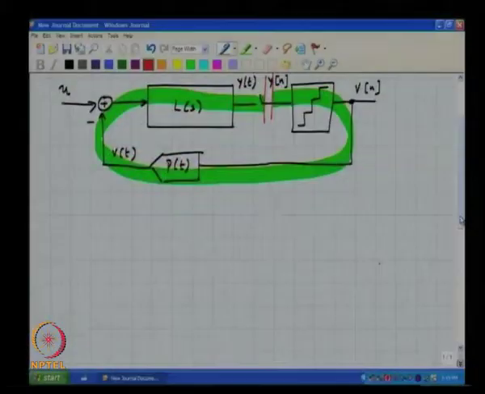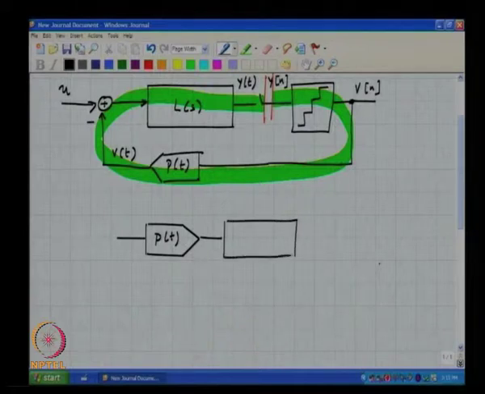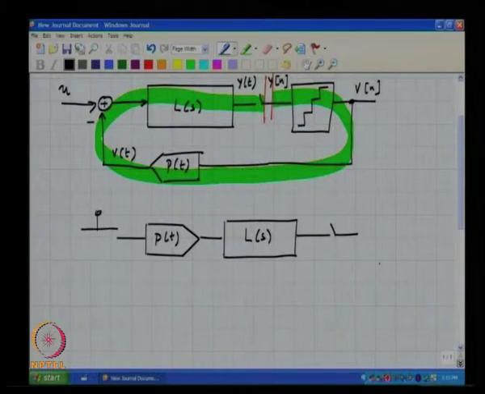Now, the process therefore is to try and figure out what L of S one must use, so that if I put in a discrete time impulse here, the sampled output here is giving me the right values.